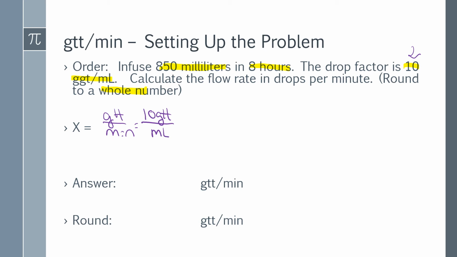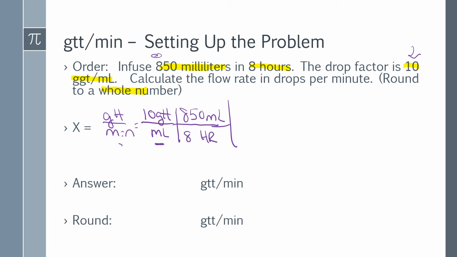I like to keep my problems tied together. So I need to find something I can do with this milliliter, and that's going to be that 850 right there. So 850 has to go on top, and I'll show you why in a minute. And we know that 8 hours subsequently has to go on the bottom.